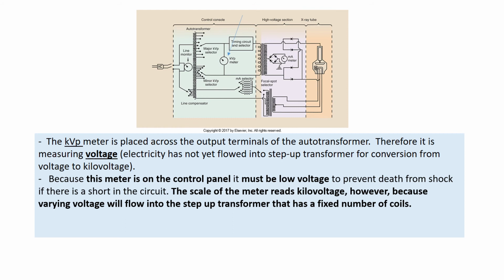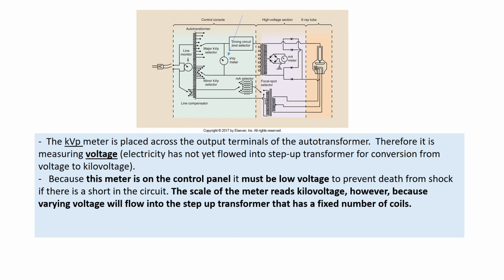So as I said, because this meter is on the control panel, it must be low voltage to prevent death from shock if there is a short in the circuit. You don't want to be touching the control panel and there's a short and now you're touching high voltage. The scale of the meter reads kilovoltage.